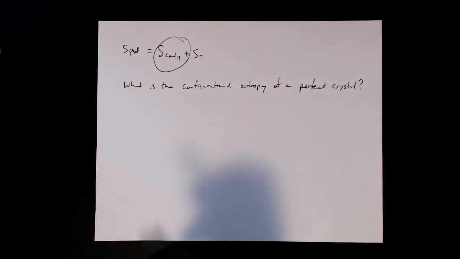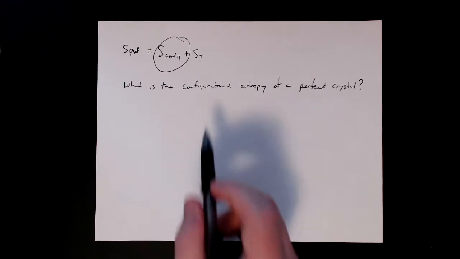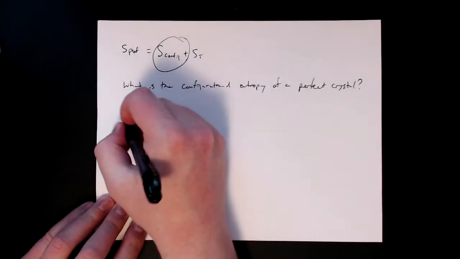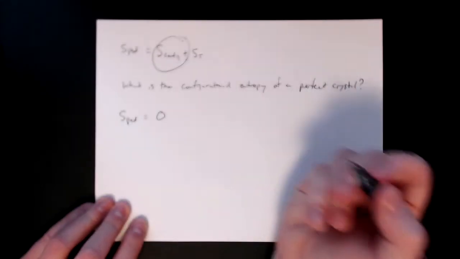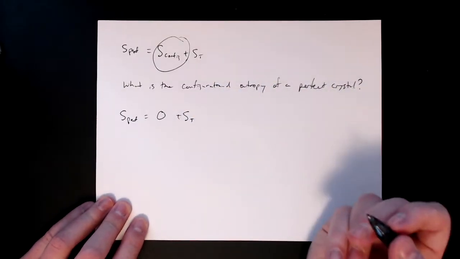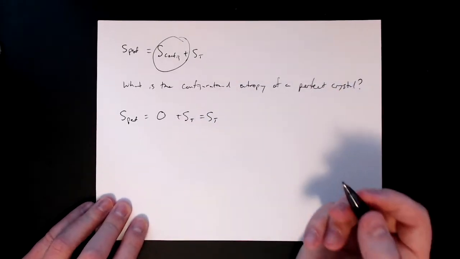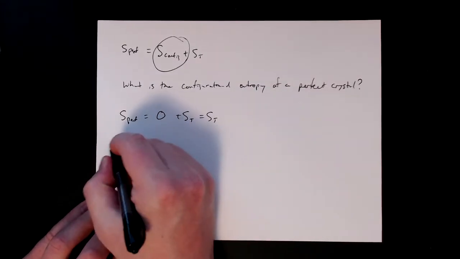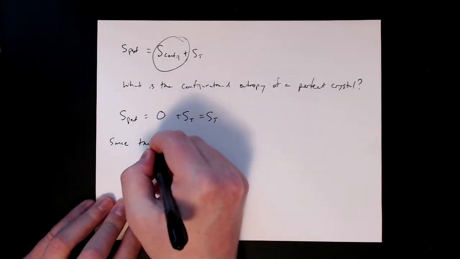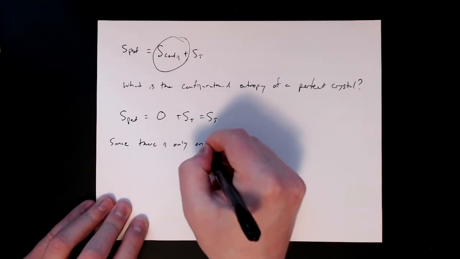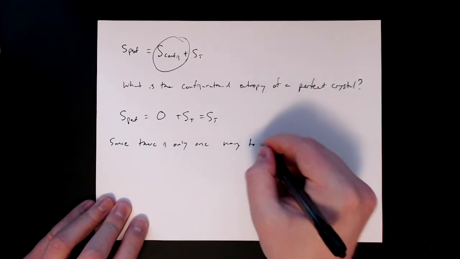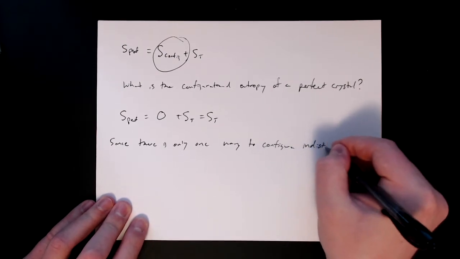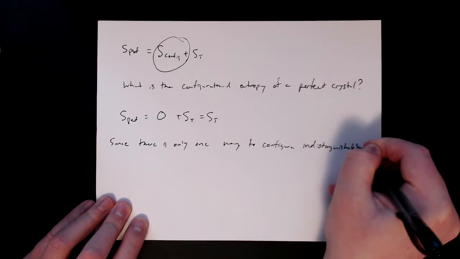All right, so that brings us back to the question here. What is the configurational entropy of a perfect crystal? And that would be 0. We still have the thermal energy though. So let's go over what this is. We're talking about the configurational entropy, and in a perfect crystal, there is only one way to configure these indistinguishable atoms or ions.